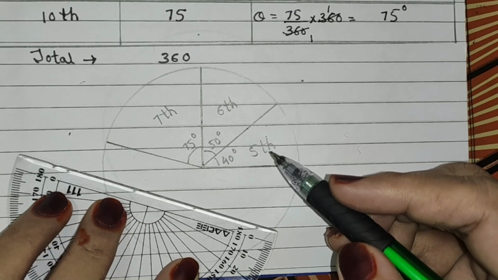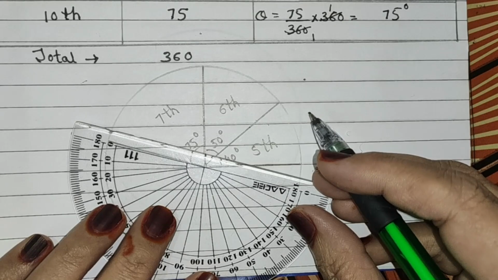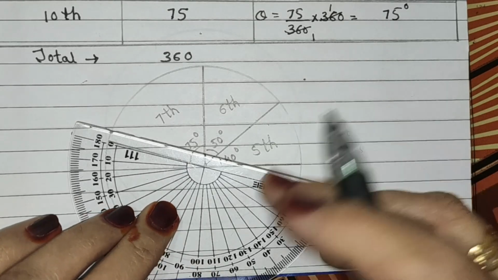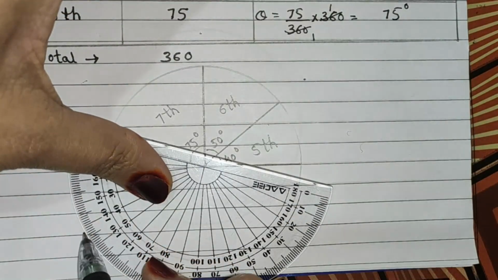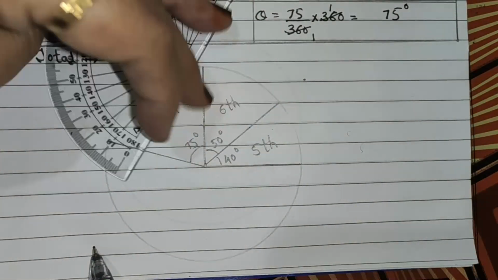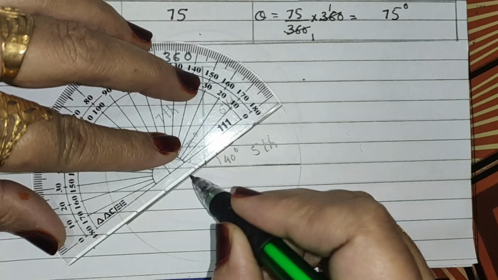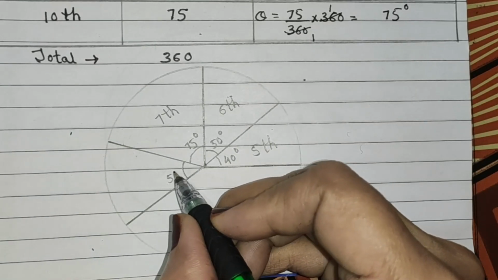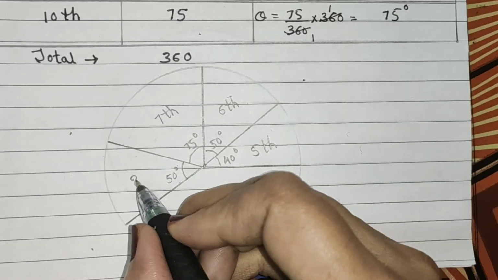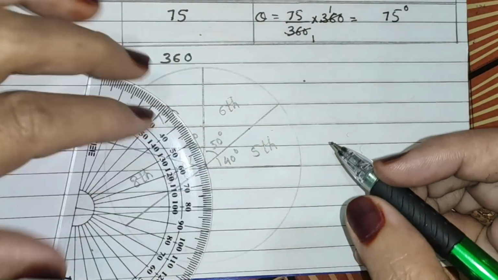Now next angle is 50. Now again put the D on that radius and measure angle up to 50. Start from this, we get here 50. Again draw a radius. Now the central angle is 50 of 8th standard. Write down here. Now next angle is 70.